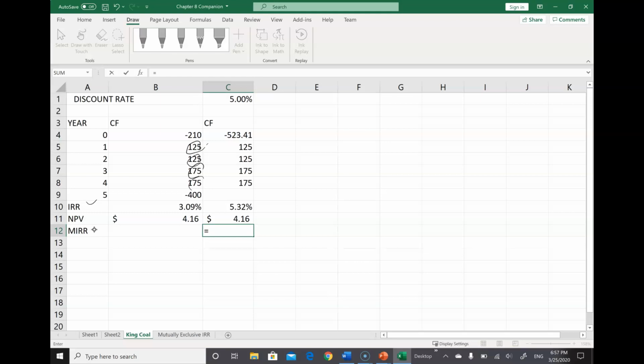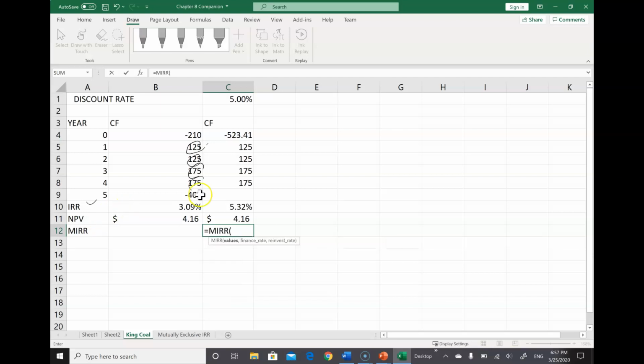That's not always true, and it creates a problem in many cases, including this one. So we can solve this problem by separating the cost of financing and the reinvestment rate. And that's what MIRR is for.